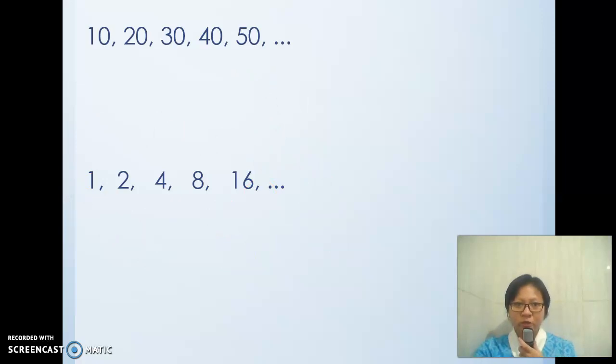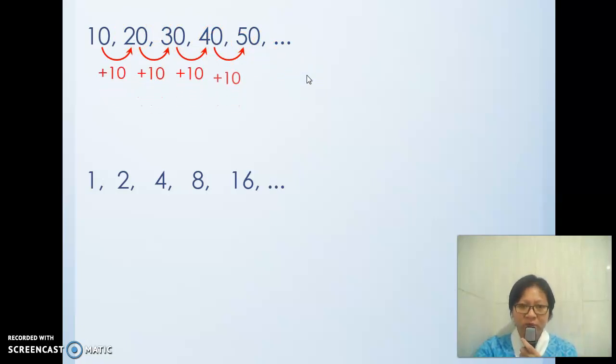Okay, you need to check the difference between two consecutive terms. For option A, let's take a look. The difference between 10 and 20, 20 and 30, 30 and 40, 40 and 50. It turns out that the difference is a common difference.